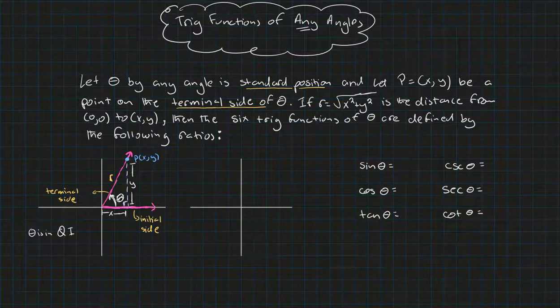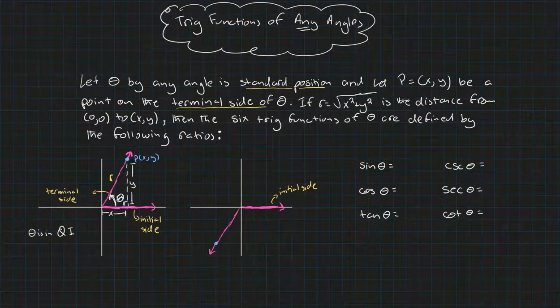So for example, just to throw another one out there, standard position, positive x-axis, again labeling this initial side, and let's say it is going over here. Let's say the point P took us right over here.